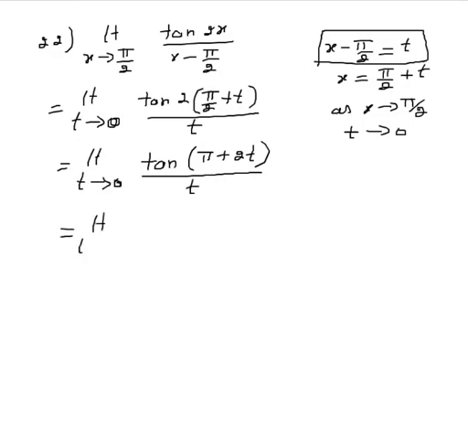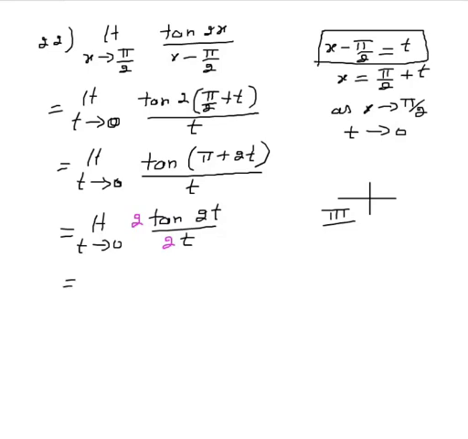Limit t tending to 0 of pi plus theta is the third quadrant angle. In the third quadrant, tan is positive. So it is tan 2t divided by t. Now we can multiply and divide by 2. Or you may change that tan in terms of sine and cos and then apply the limits.